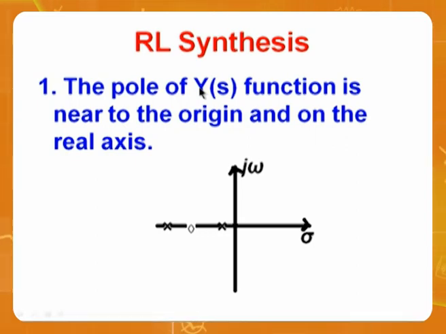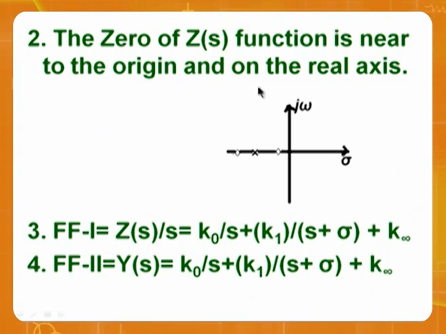As I told you already, the Z of RC properties are the same as Y of RL. In Z of RC, if the pole is at the origin, in Y of RL the pole is also at the origin. Then for the functions, if you take Z of s, it will be 0.